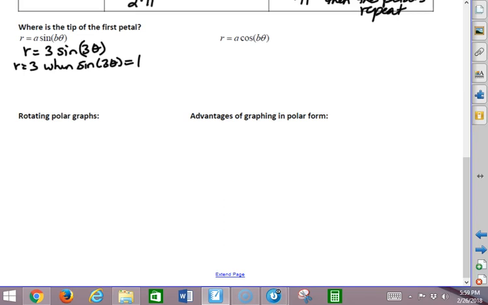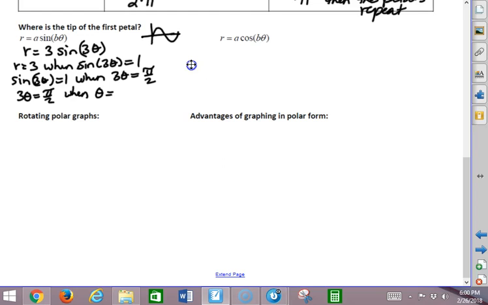Well, sine of 3 theta is equal to 1 when 3 theta is equal to pi over 2, because I know that that is the tallest part of the sine graph at pi over 2. So when 3 theta is equal to pi over 2, then we're going to have our highest value. So that means 3 theta equals pi over 2 when theta is equal to pi over 6, because I would have to multiply both of these sides by 1/3.